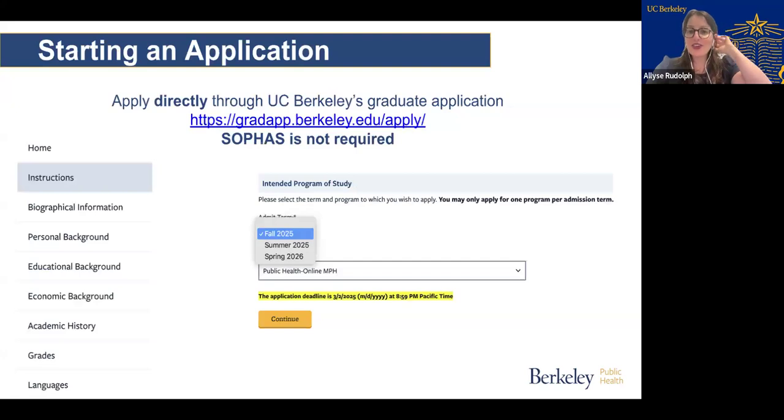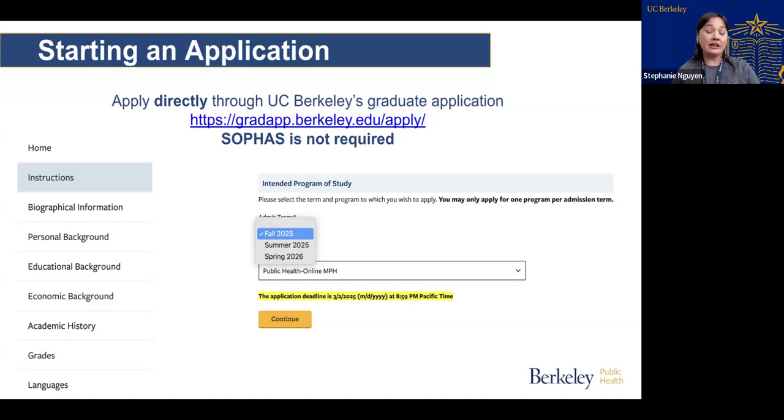All right, and I'll pass it over to Stephanie to talk a little bit more about the different pieces of actually completing your online application. Thank you, Elise. So as Elise mentioned, we're going to walk through the application in phases and show you what it looks like, why some of the questions appear on your application, and how to address them.